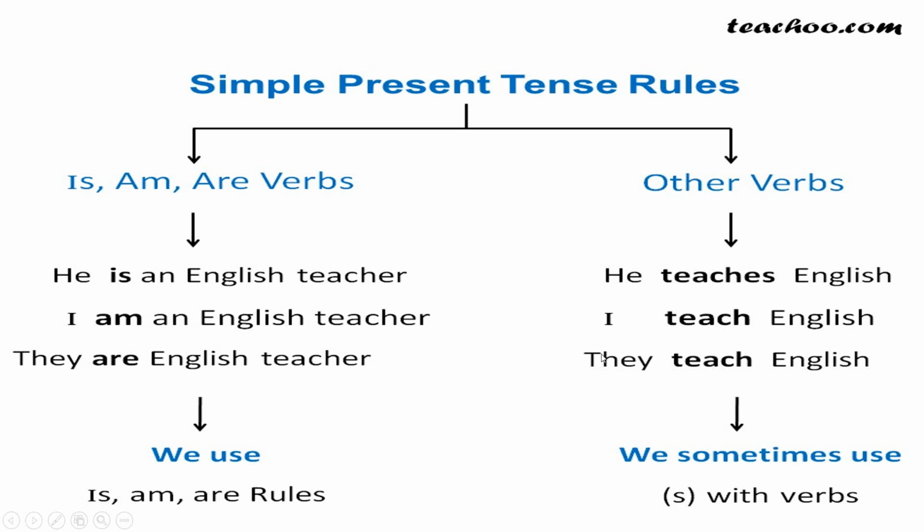Okay, children, please take care with he, she, it, or any name. We write singular verb, we use s or es. But with plural noun or pronoun, we use plural verb, or you can say the root form of the verb, okay? We sometimes use es with verbs, like here we have used es, but with other verbs we can use only s, like eats, drinks, falls, sleeps.